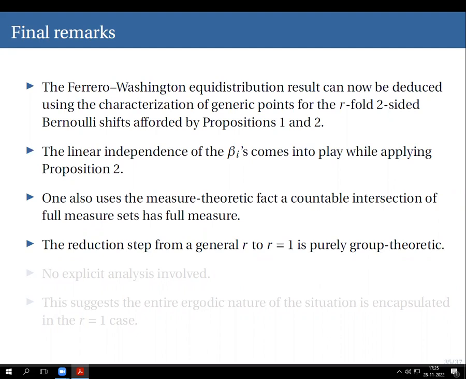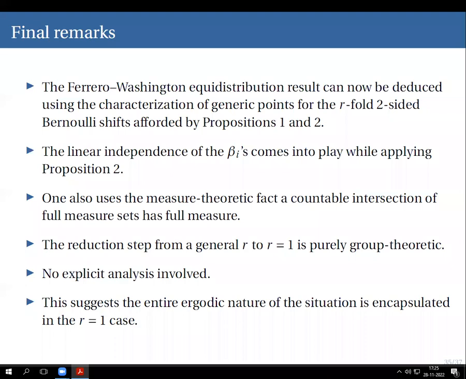It was things like Stone-Weierstrass at best. So we didn't use any explicit analysis. So somehow what this seemed to suggest, this ergodic nature of the problem, is if you can somehow in general just focus on the r equals 1 case, that might be enough.